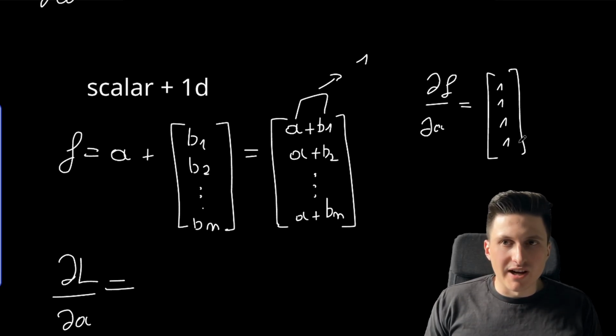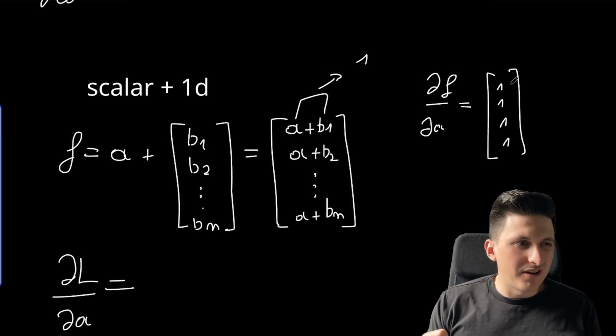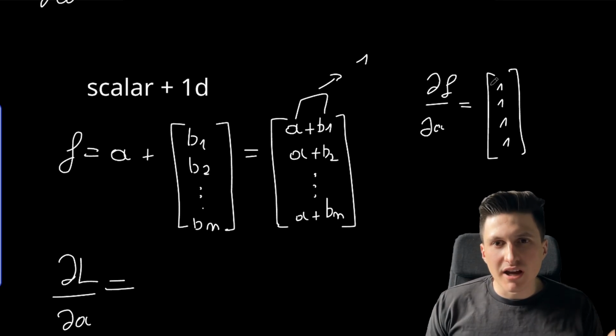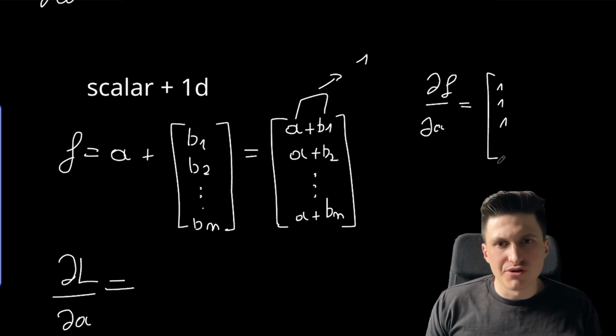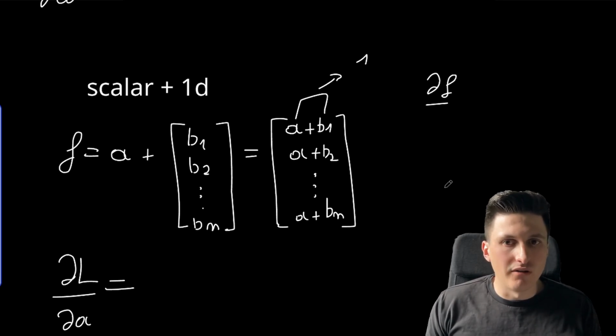what you should actually do is sum all of these values, as A influences the output through all of these dimensions. So you should basically sum all of them.